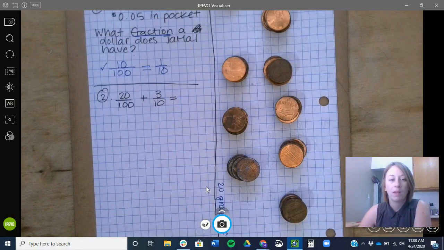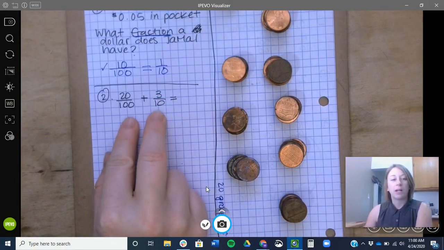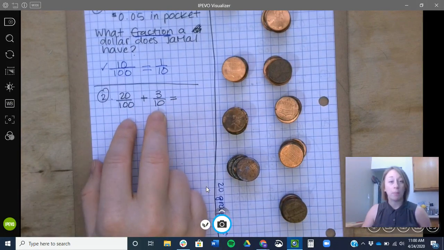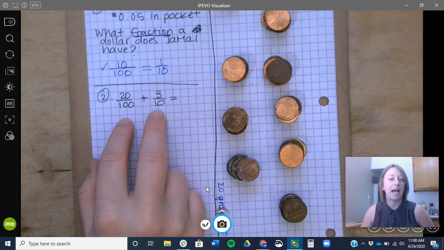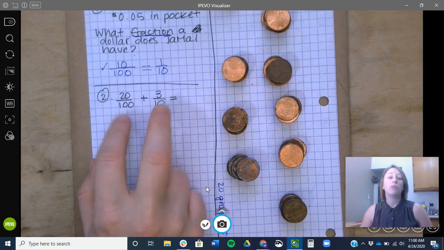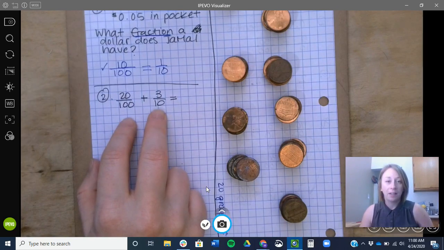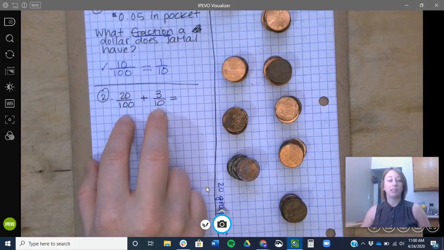Okay, when we look at this expression, we notice that the denominators are different. Does that mean they are the same size? No. In order for us to be able to add these fractions, the denominators need to be the same. They need to be, that's right, the same.